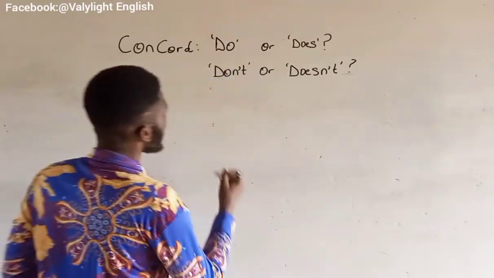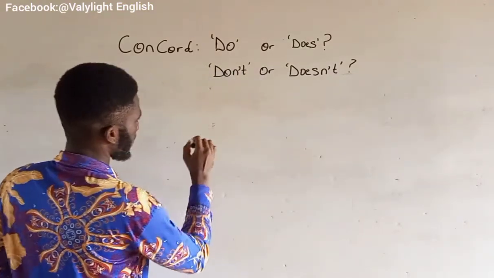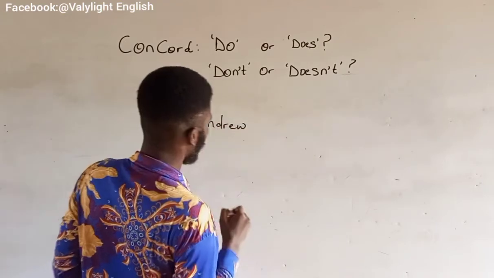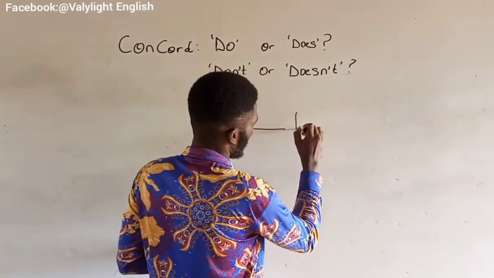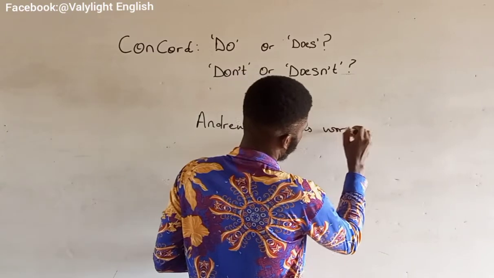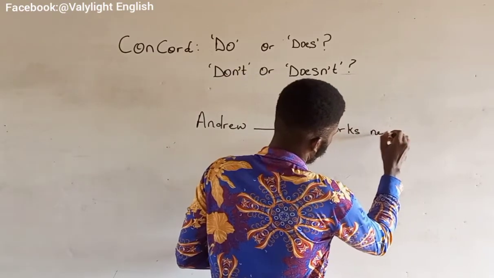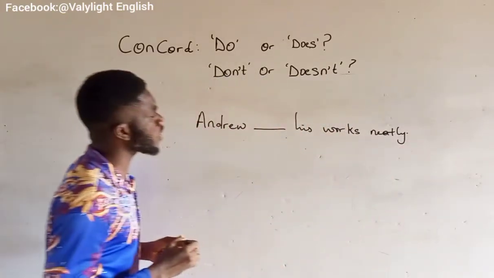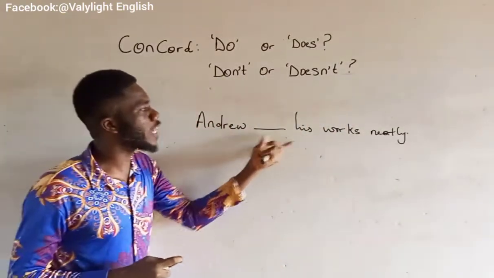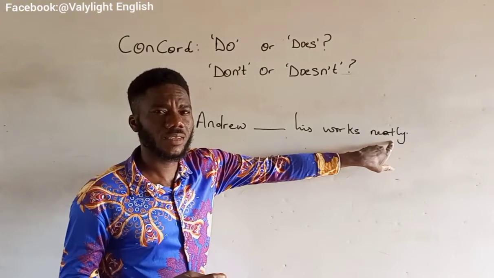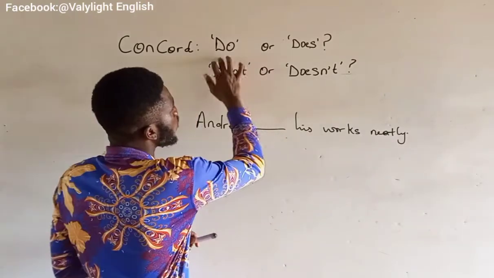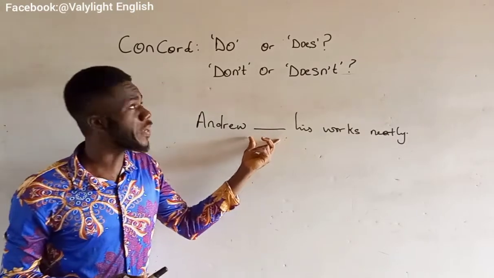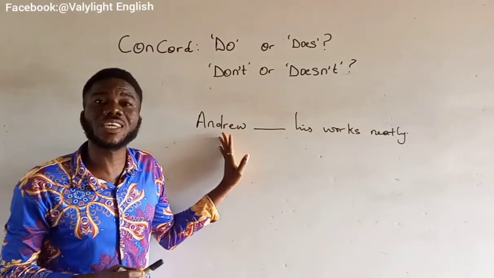Take for instance, if you have something like this, Andrew dash his works neatly, and you are to choose between do and does, it cannot be do because Andrew is a singular subject.